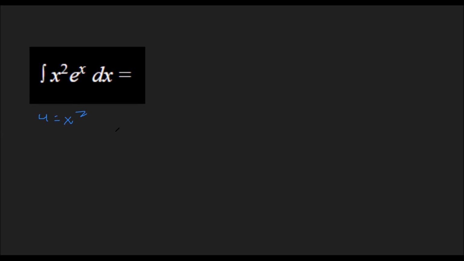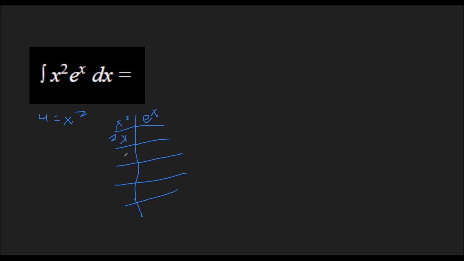So let's set up the grid. I don't really know how many differentiations this will take, so let's just add a few rows. All right, let's put u in the leftmost column and e to the x in the rightmost. Let's differentiate this a few times.